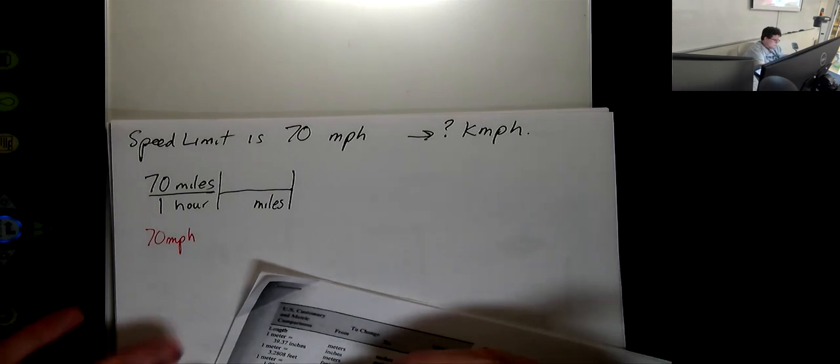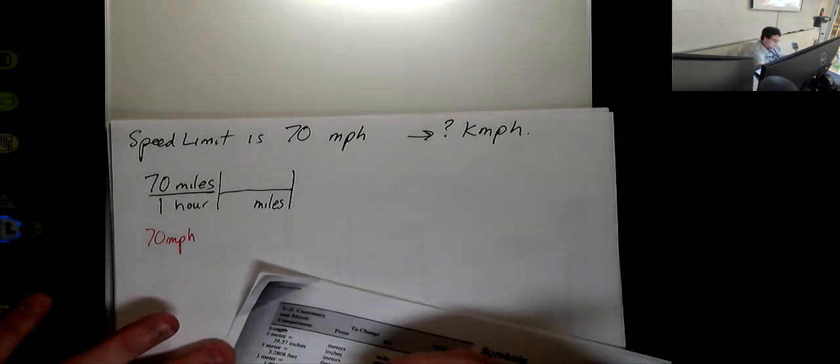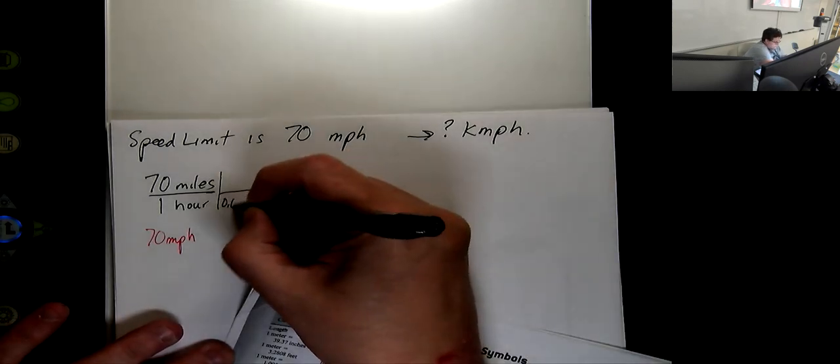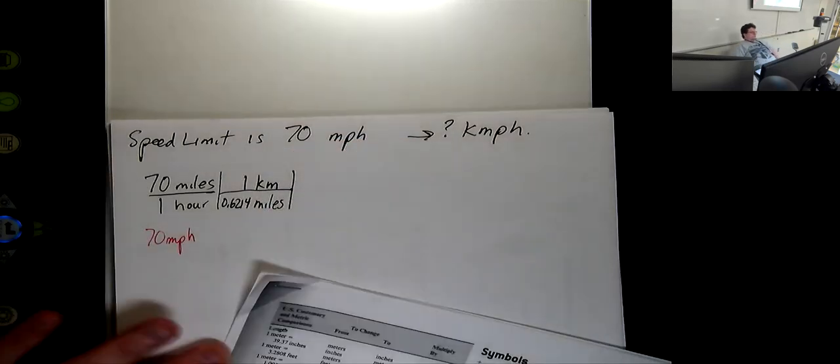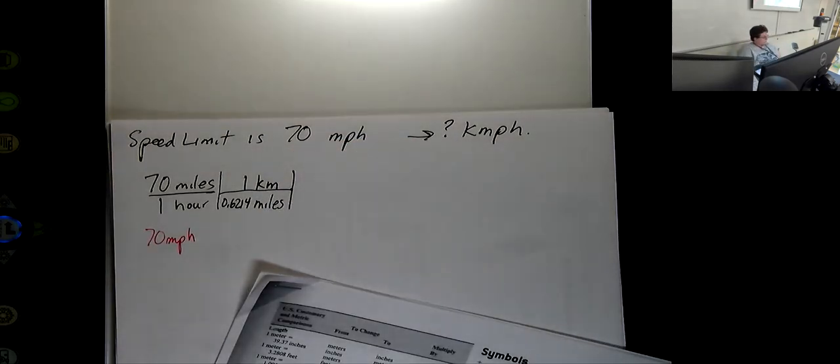This says 1 kilometer is 0.6214 miles. This is going to be a fun one.